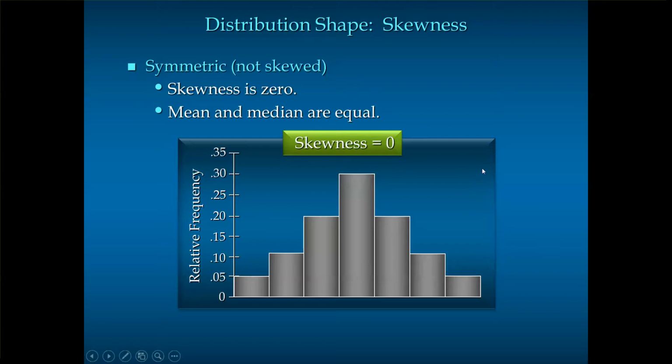So if the distribution is symmetric, you should have the skewness equal to 0, and at the same time, mean and median are equal. And in the other direction, if I'm telling you there is a distribution with the skewness equal to 0, you should immediately realize this distribution is a symmetric distribution.